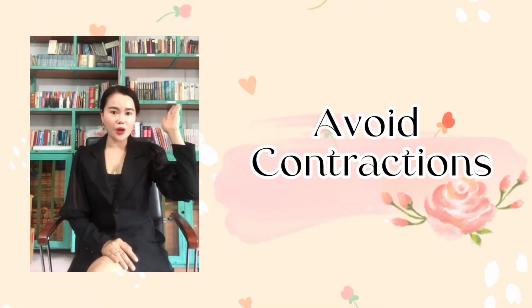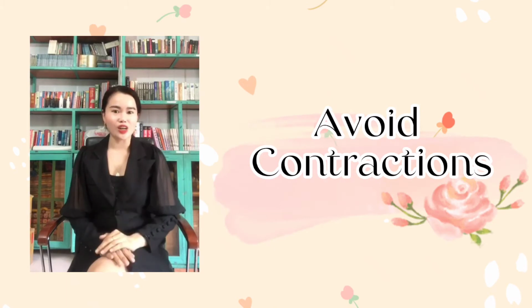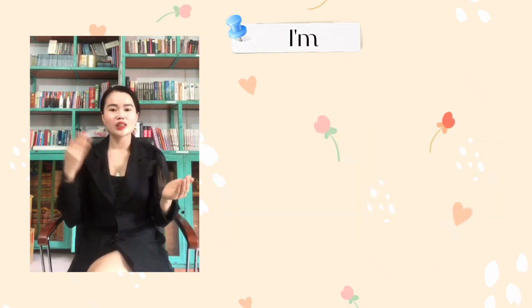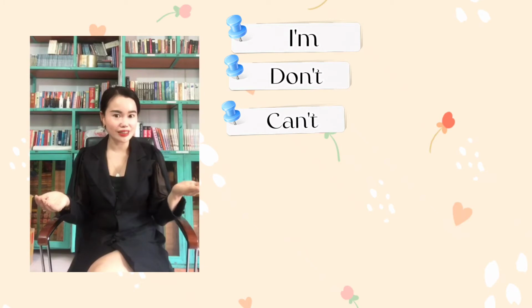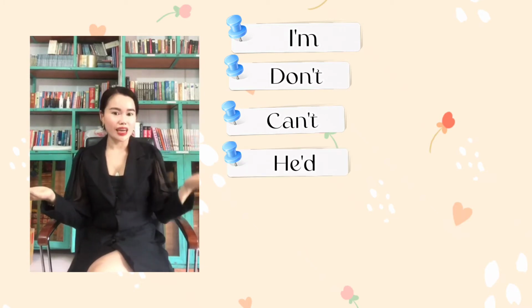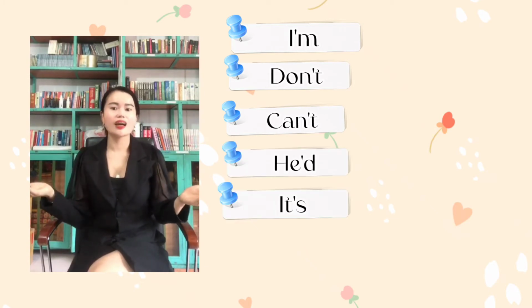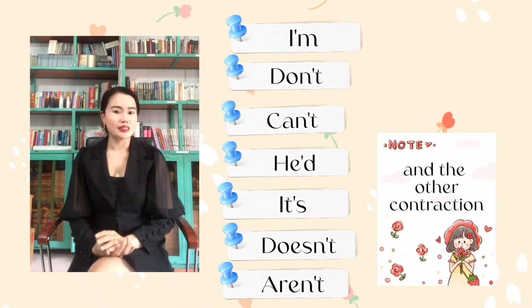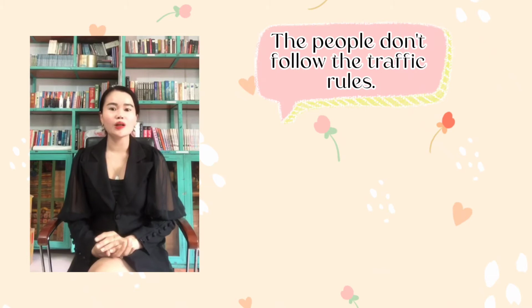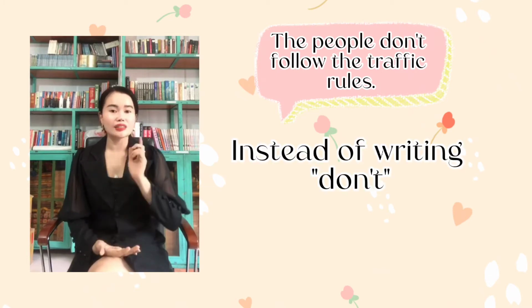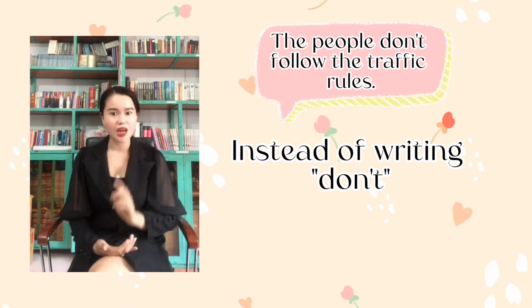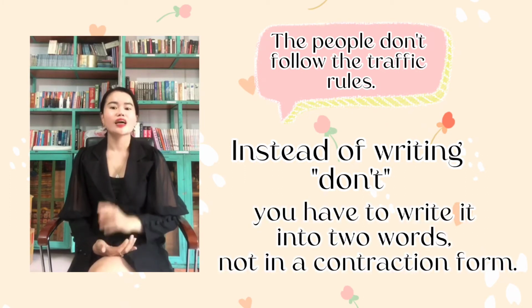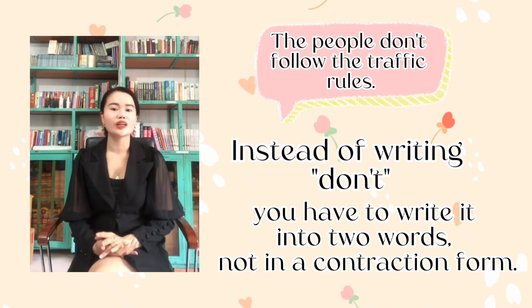First, avoid contractions such as I'm, don't, can't, it's, doesn't, aren't, and the other contractions. Example, the people don't follow the traffic rules. Instead of writing don't, you have to write it in two words, not in a contraction form.